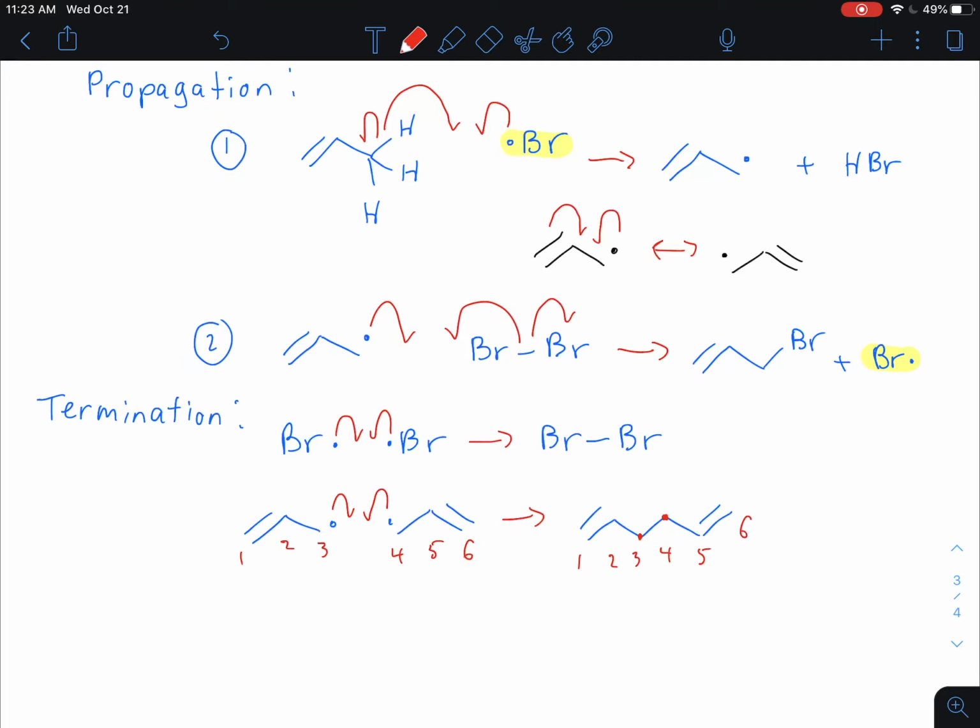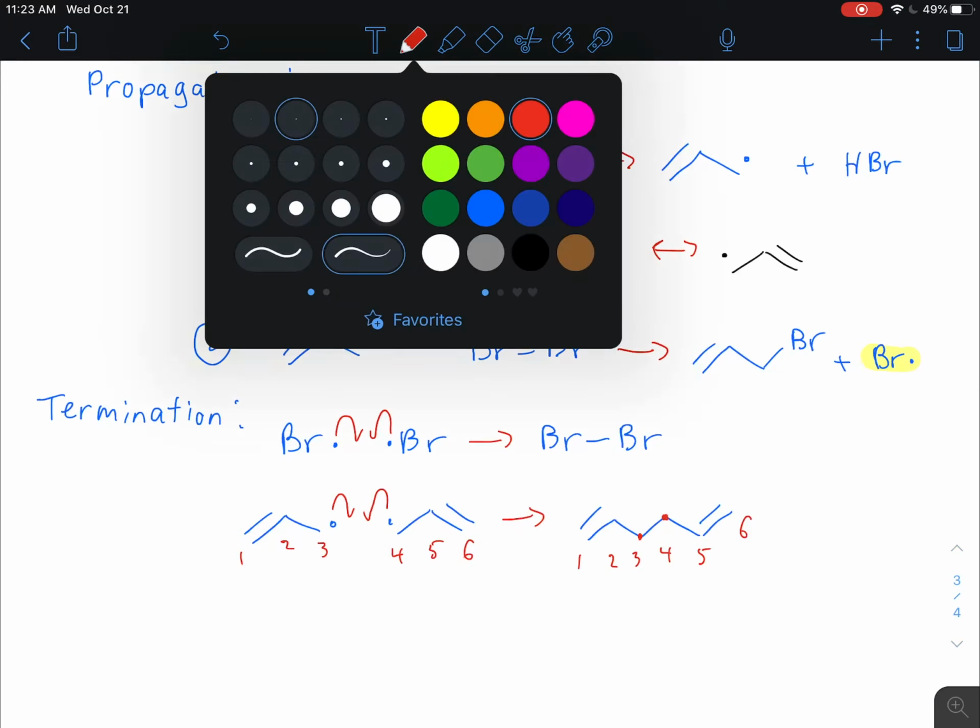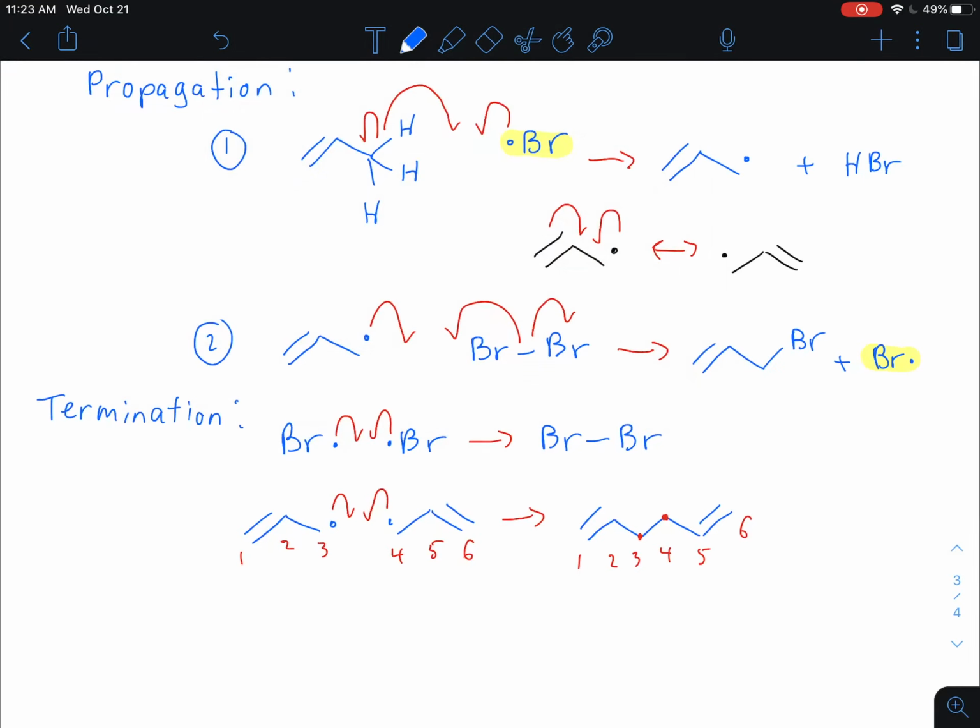And then the last option for termination would be making the product, but in this way forming the product by reacting 2 radicals together, which would drop us out of the radical chain mechanism that we were in, although that does make us product.